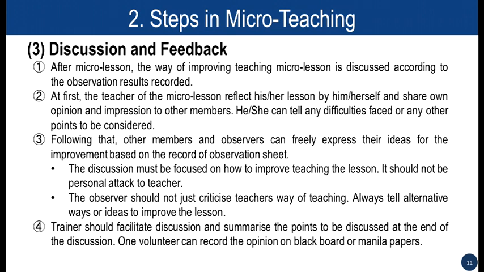At first, the teacher of the micro lesson reflects on his or her own lesson by himself or herself and say own opinion, and then the impression of the others, members of their group. He or she can tell any difficulty faced or any other points to be considered.